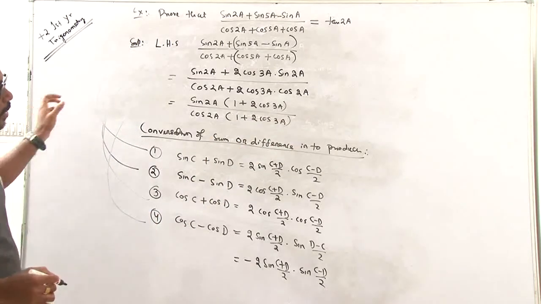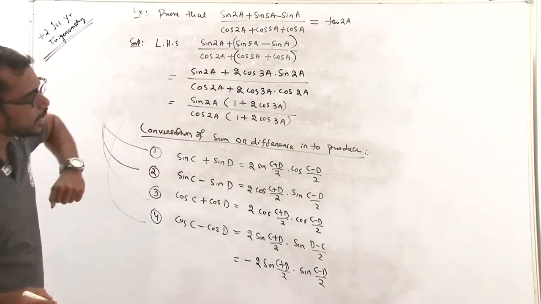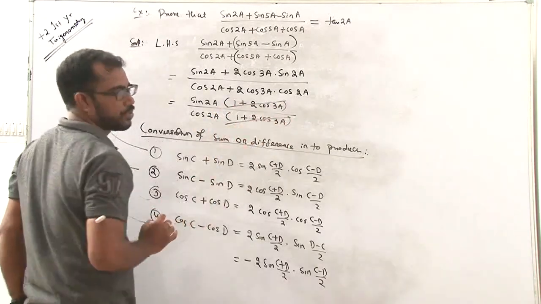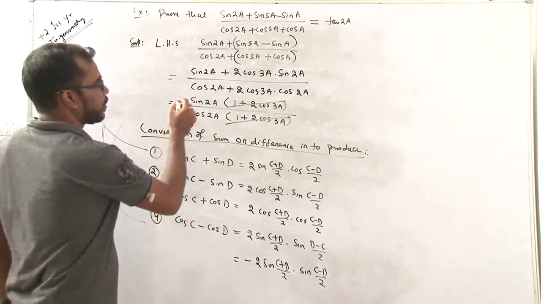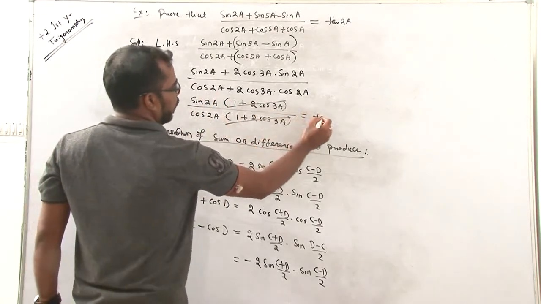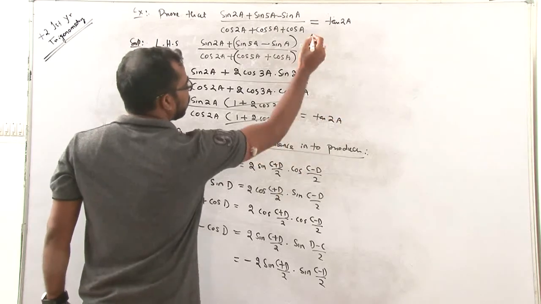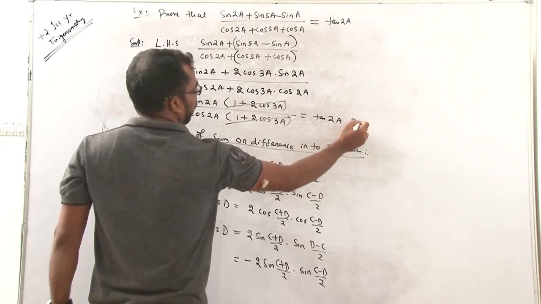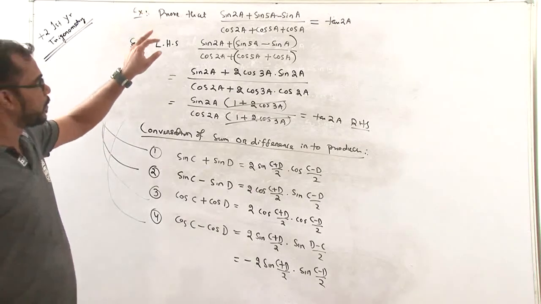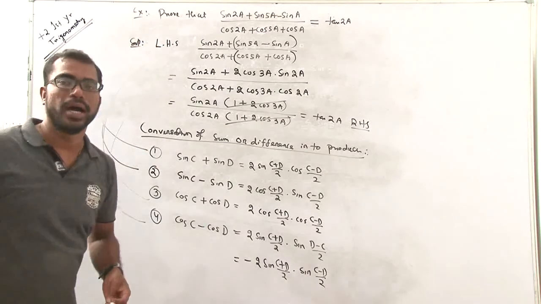So we can cancel these same values, 1 plus 2 cos 3a. Here you can write sin 2a by cos 2a, that is tan 2a, and that is the same as the RHS. So we have proved LHS equals RHS.